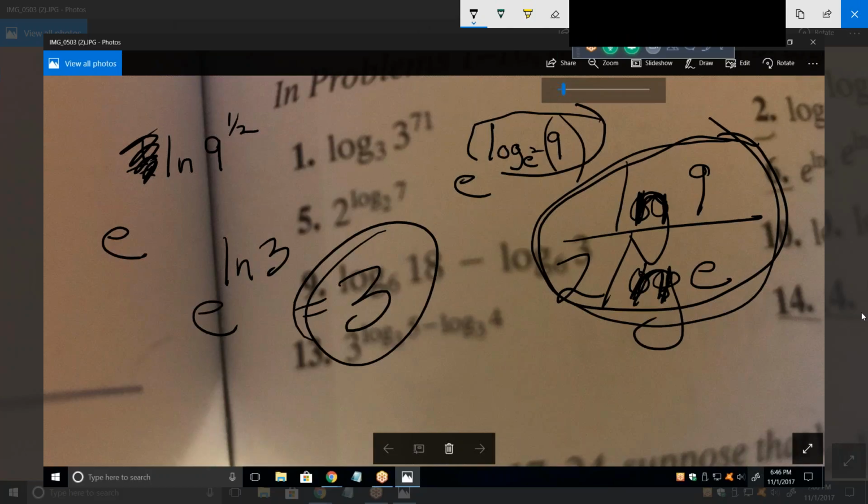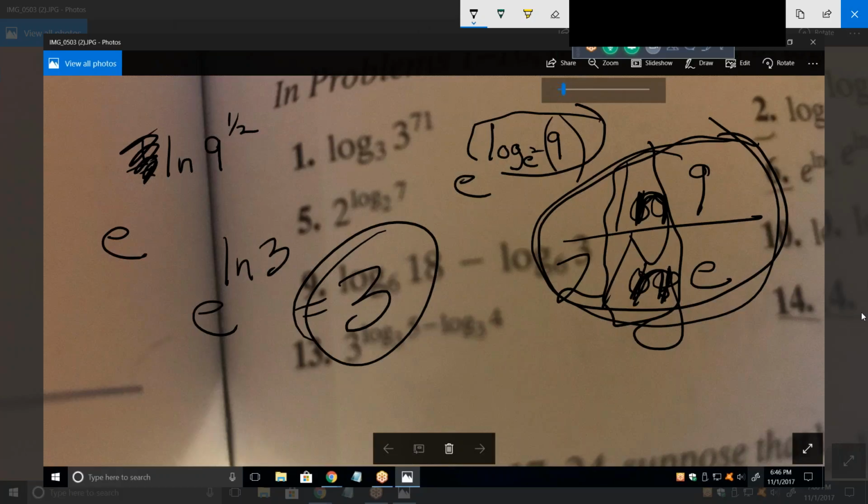That was tricky. That was very tricky. You had to use the change of base formula. Furthermore, you had to know that you could use common logs or natural logs. And you want to use natural logs whenever you see the letter e. If you see e and you have a choice, always use natural log, because you can cancel them out.